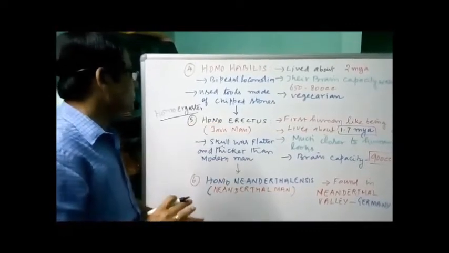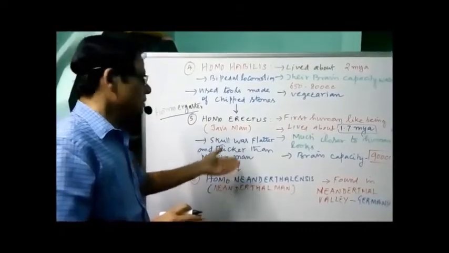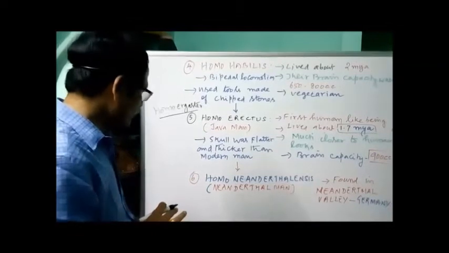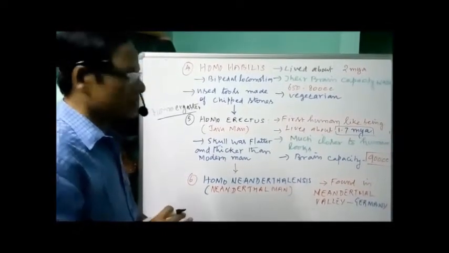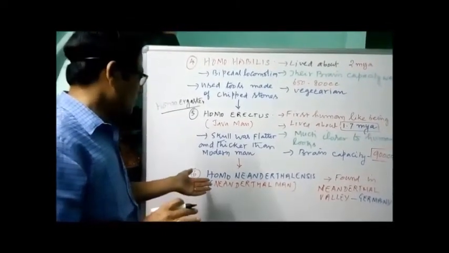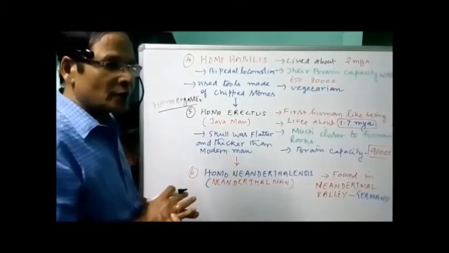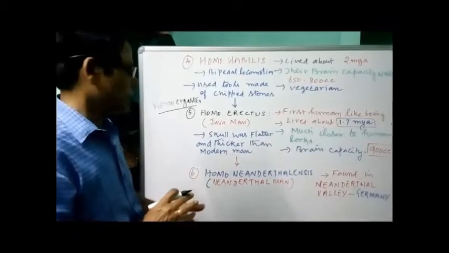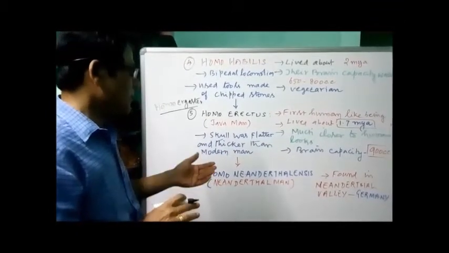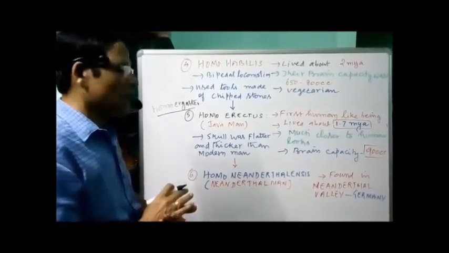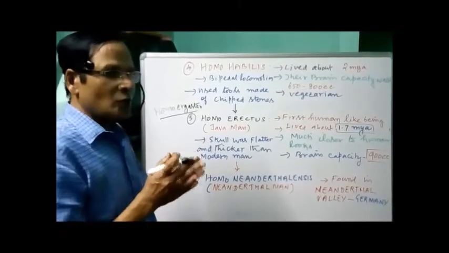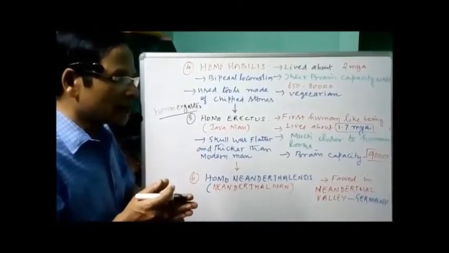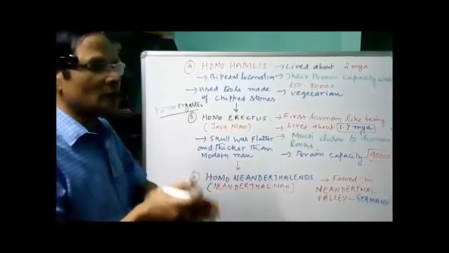Now, from this Homo erectus, we had another fossil man, Homo neanderthalensis, normally called Neanderthal man, because the fossil was recovered from a valley in Germany, Neanderthal. Hence the name Neanderthal man, Homo neanderthalensis.